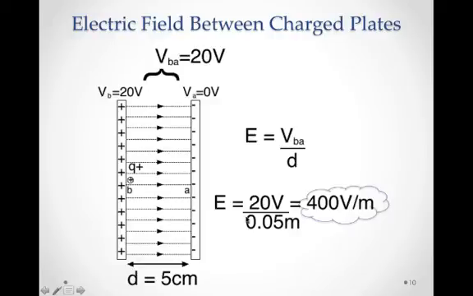So in this particular example, since our potential difference is 20 volts and the plate separation is 5 centimeters or 0.05 meters, the electric field strength from one side to the other would be equal to 400 volts per meter. That's how you could calculate the electric field between charged plates.